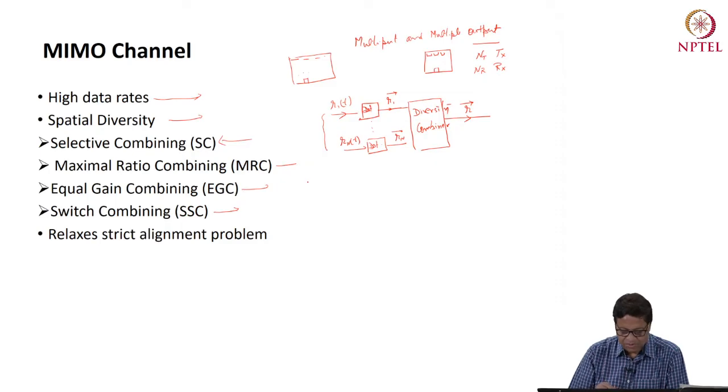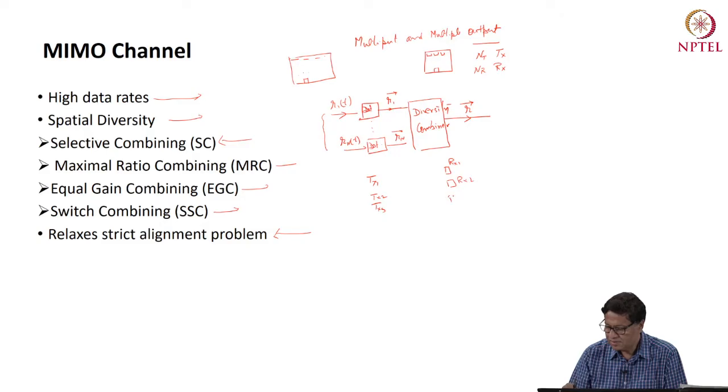And also it is useful in relaxing the alignment problem. Because for example, in an outdoor system, suppose there are many transmitters, TX1, TX2, and receivers RX1, RX2, RX3.